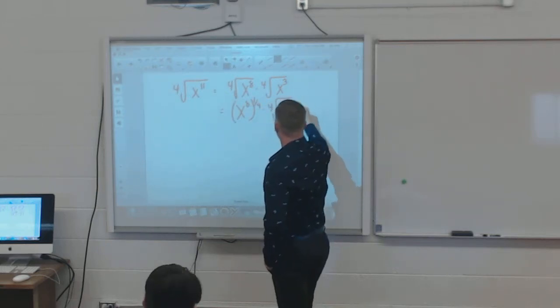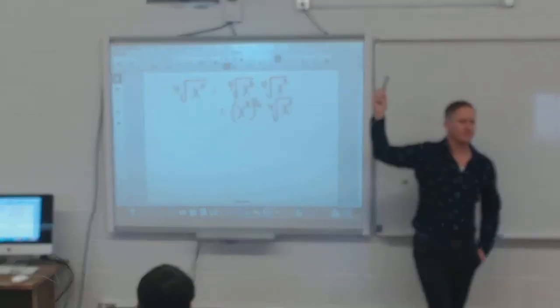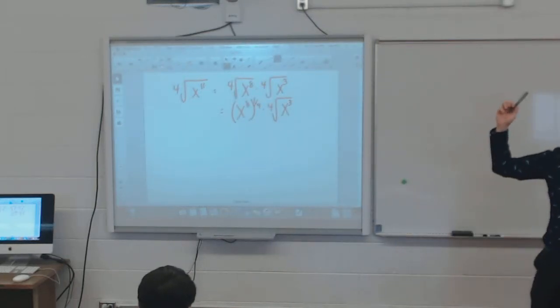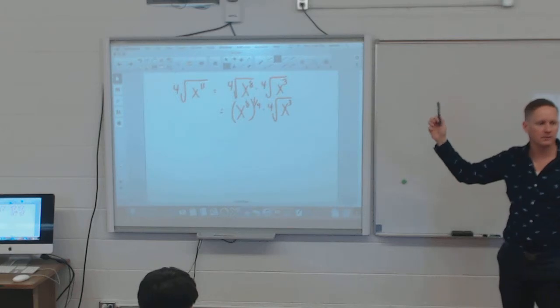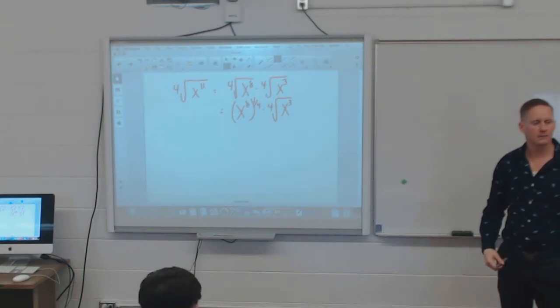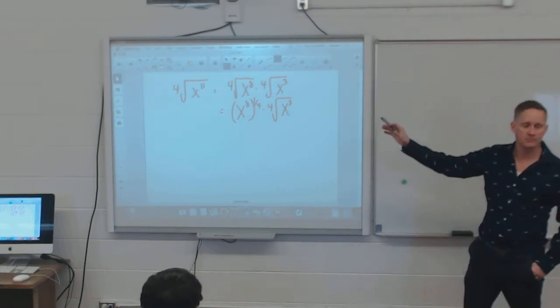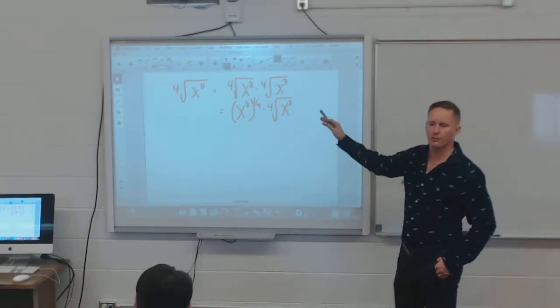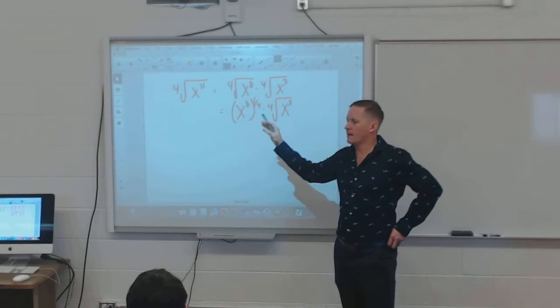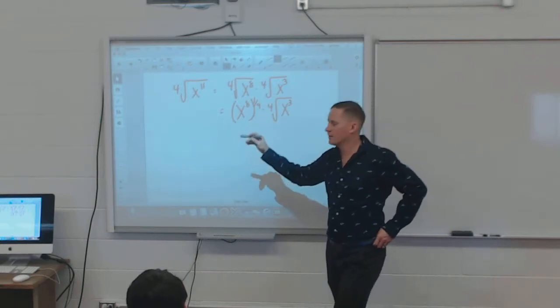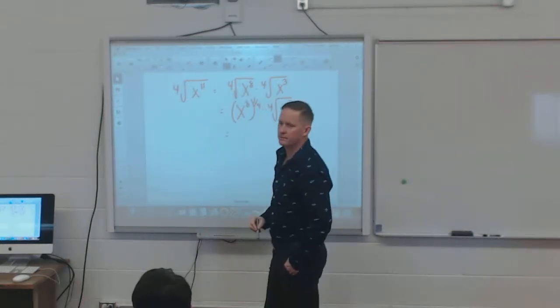How many of us got that far? Good. Did you get that far? No, I didn't do 1/4, I did 1/3. Oh, you did 1/3 by accident. Okay, so that's an easy fix. So that's okay. It's not that you don't know, it's just a mistake. Anybody else not get there?